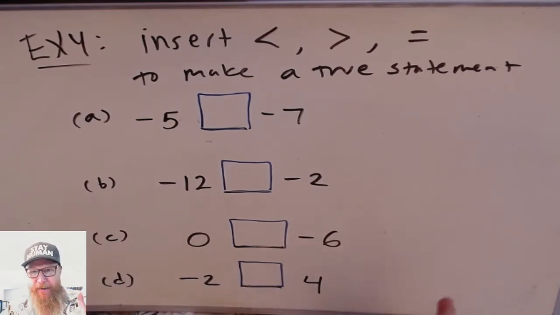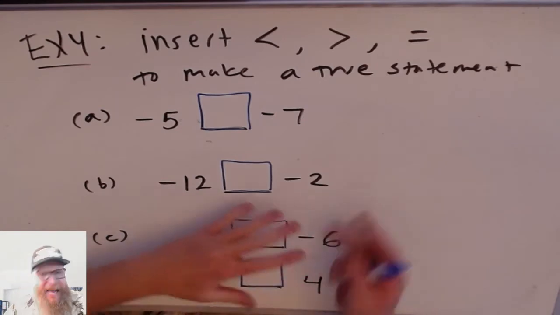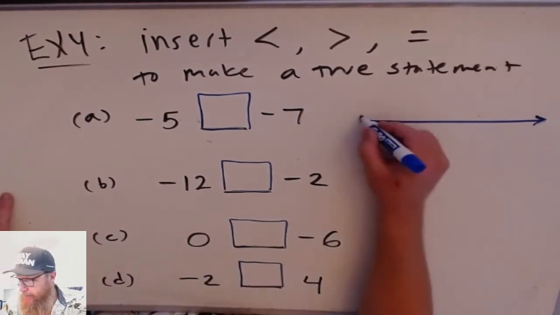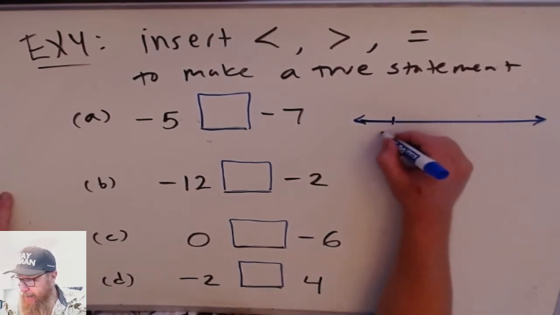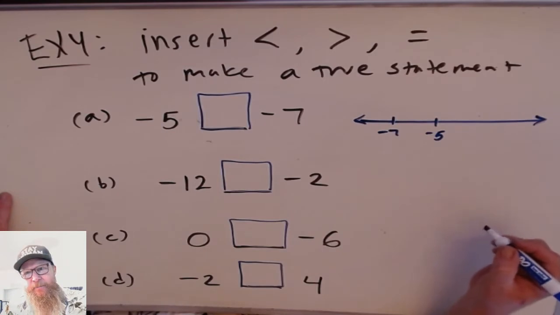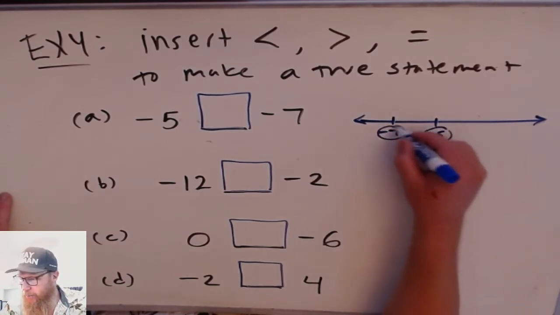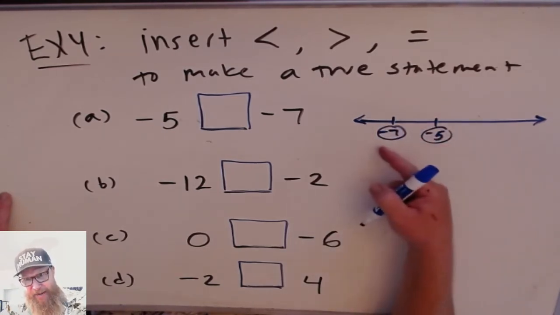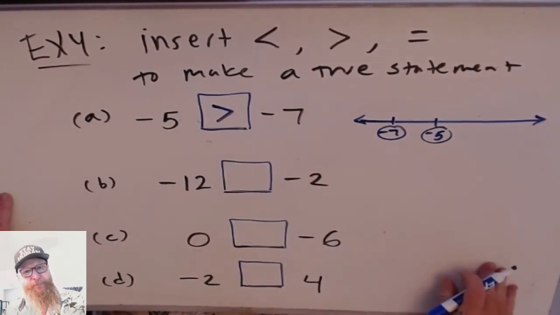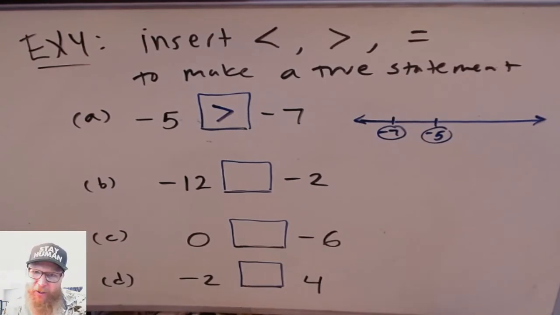Okay. Now remember, a number is greater if it lies to the right, and it's less if it lies to the left. So we've got -7, -5. -5 lies to the right of -7, so -5 is greater. I think about it in terms of money.